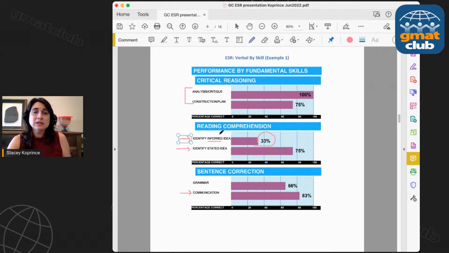And if that's the case, that it has something to do with the volume of information that you're getting, then I would also expect to see data in your integrated reasoning, not on this test because they don't give it to us, but in integrated reasoning out of the official guide or wherever. There on MSR, multi-source reasoning, I would expect you also to have some issues with inference there that need to be worked on. So that's something to take a look at.